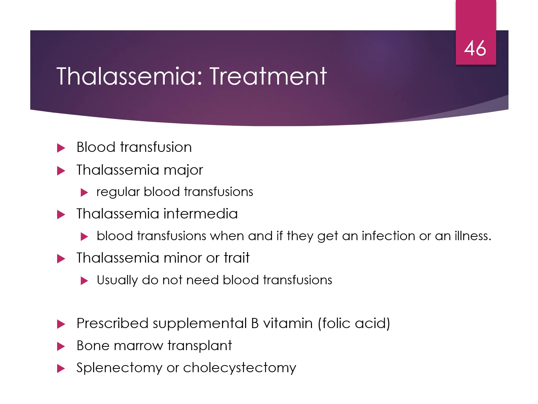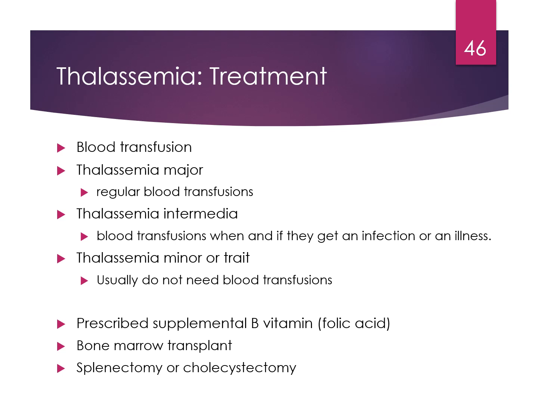So how do we treat thalassemia? Thalassemia is treated with blood transfusions. And thalassemia major is when the patients will get regular blood transfusions. When you talk about thalassemia intermedia, blood transfusions are given only if they get an infection or an illness.